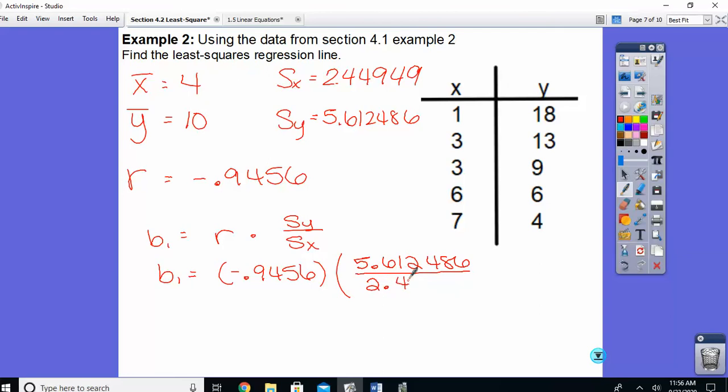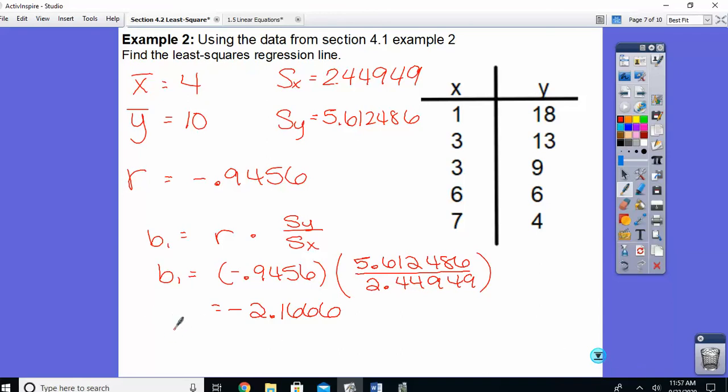Standard deviation of x. I get my slope to be negative 2.1666. You guys get that? Yeah.